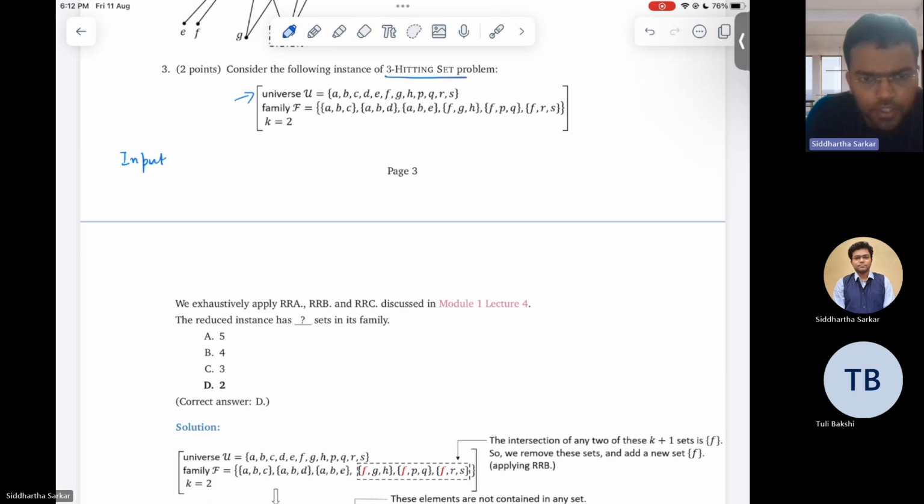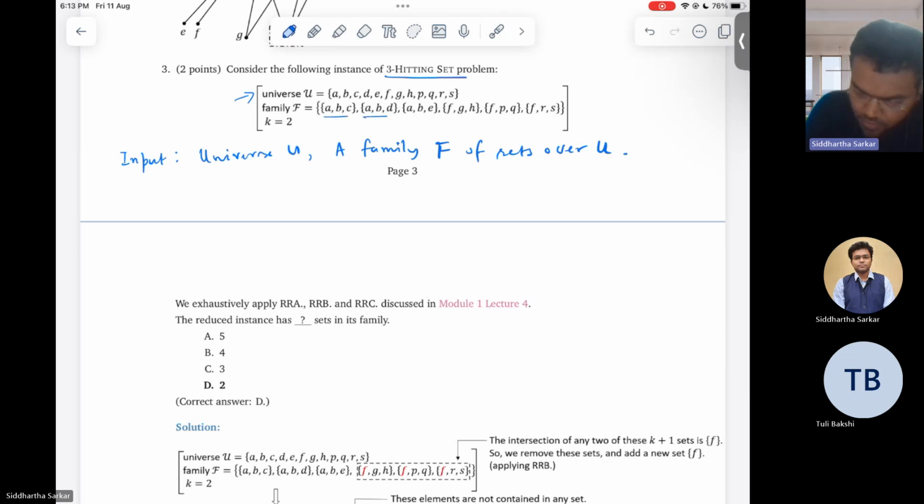So in the 3 hitting set problem, the input is a universe U and a family F of sets over U, and each set in F has size at most 3. As you can see, every set here has size exactly 3, but at most 3 is sufficient.